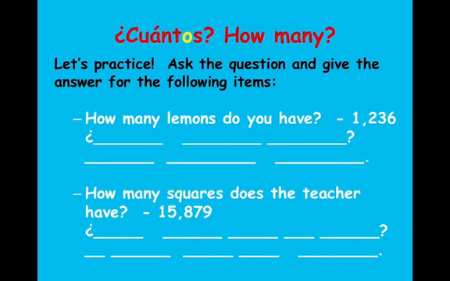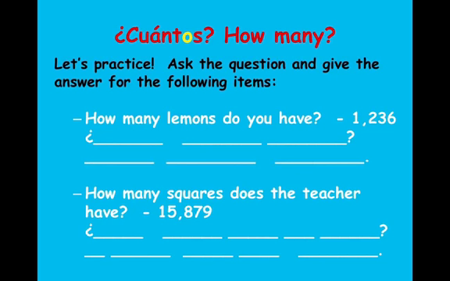And then the answer will be you have 1,236 lemons. So let me do the first one for you. ¿Cuántos limones tienes? You have, tienes 1,236 limones. Okay? Do the other ones for homework on a piece of paper.